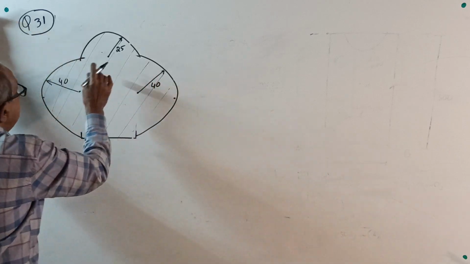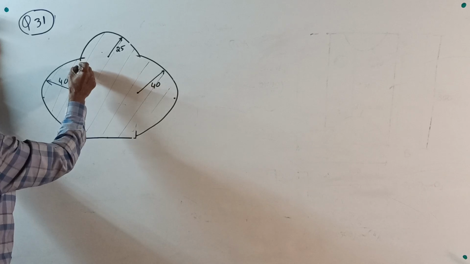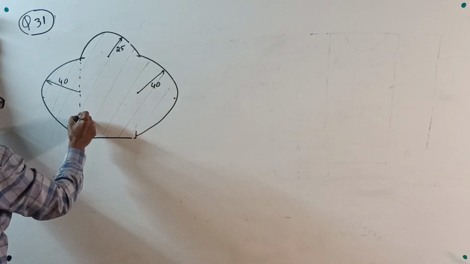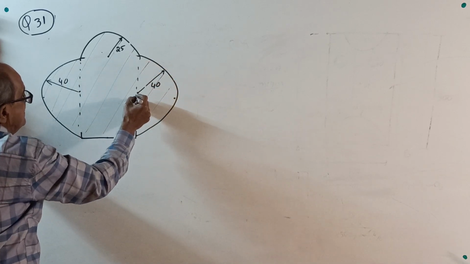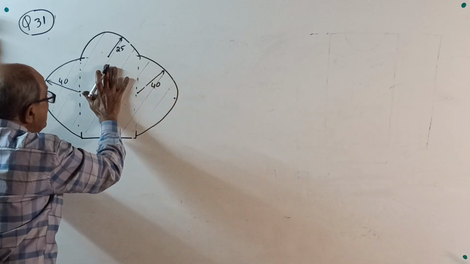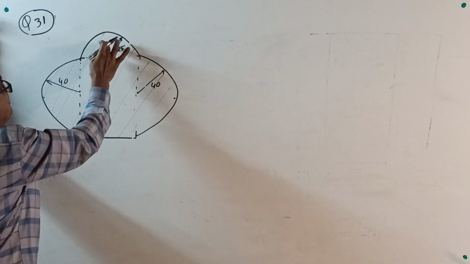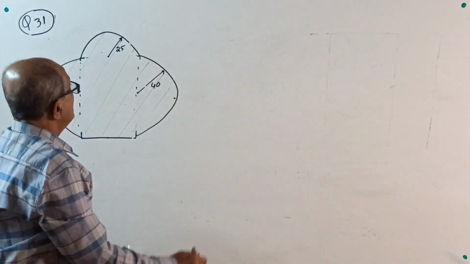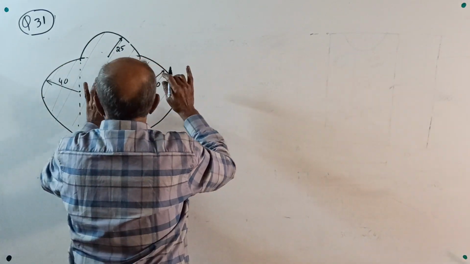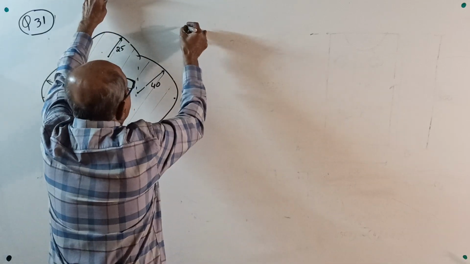See, here there is no remote. See, light line here, light line here, light line here. One rectangle, either side two semicircles, upper side one more semicircle. So it will be total 3 parts.